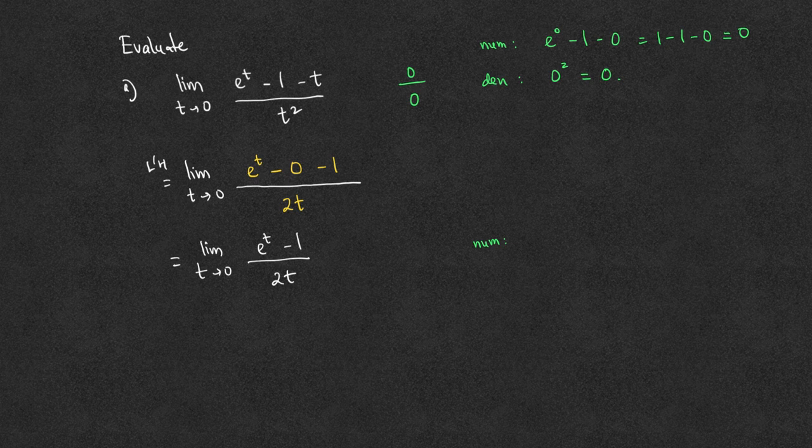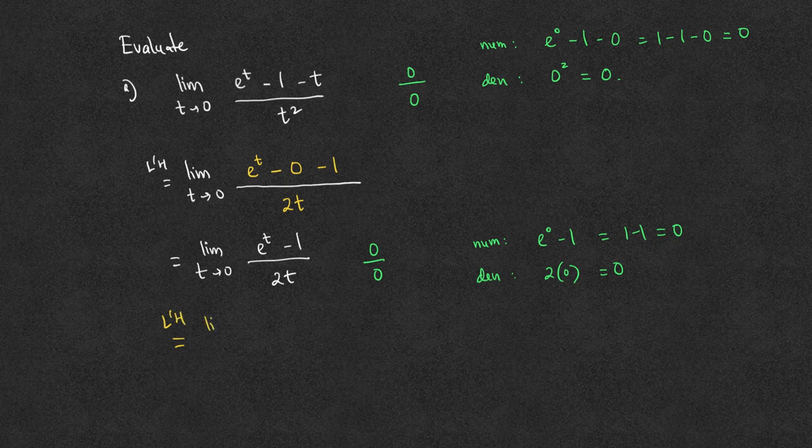The numerator is now e^0 - 1, which is 1 - 1, or 0. And the denominator is 2 times 0, which is 0. This is still in the indeterminate form, so we can use L'Hopital's rule again.